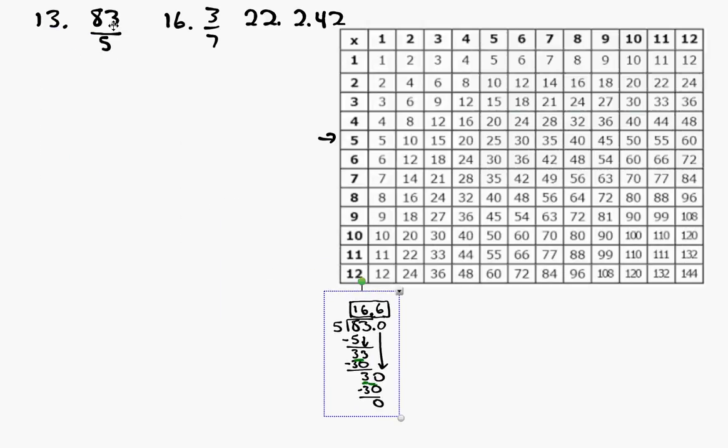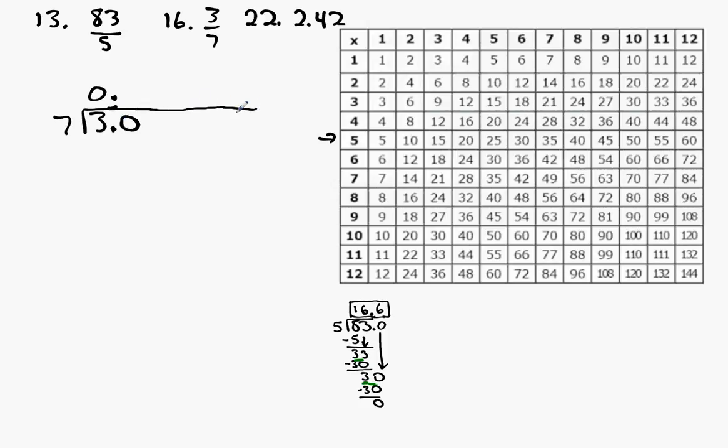All right, number 16, 3/7. I like this one because the 7s are interesting. You don't see them that often. So 3 on top, 7 on the bottom. So this is a proper fraction, so I know 7 can't go into 3, so I'm going to add a decimal and a 0.